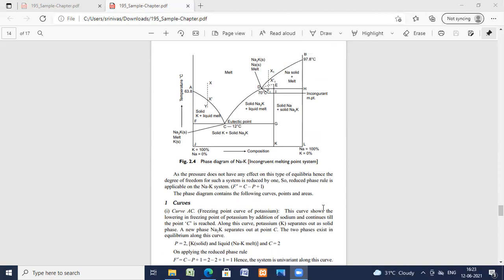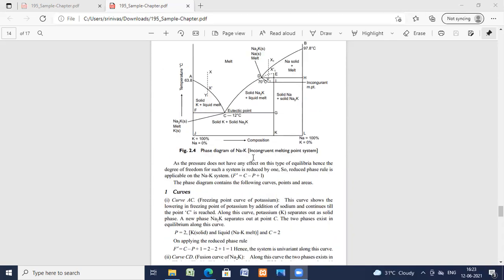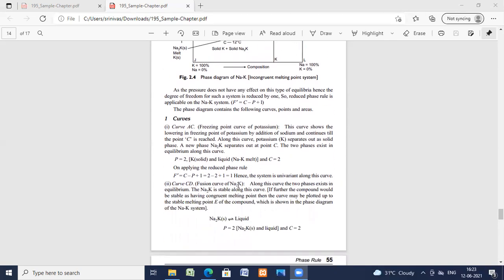Now, along the CD curve, the fusion curve of Na2K, two phases exist in equilibrium. Na2K is stable along this curve.